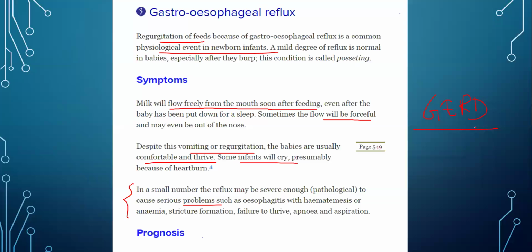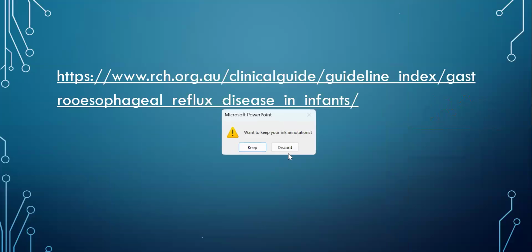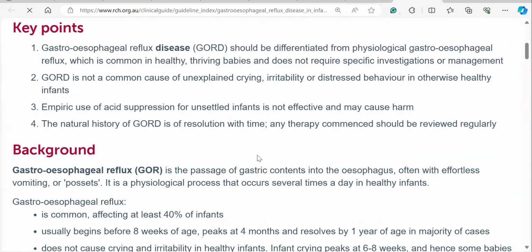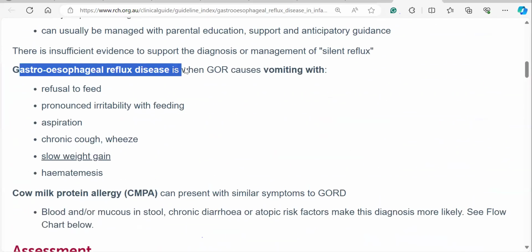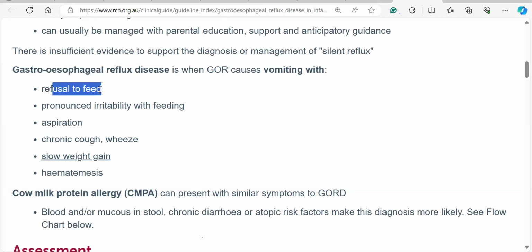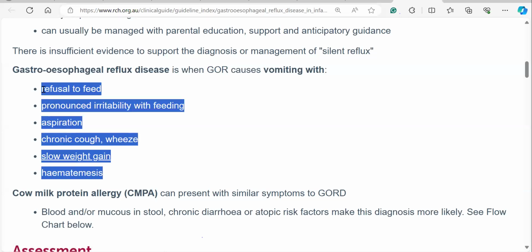So reflux disease is the pathological form. When we call it reflux disease, there is a criteria that you need to fulfill. So if you go to the RCH guideline about it, you will find it out. So read this thing by yourself. You consider gastroesophageal reflux disease if a child having a reflux like vomiting, along with that the child is refusing to feed, pronounced irritability with feeding, aspiration, chronic cough, wheezing, slow weight gain, and hematemesis.